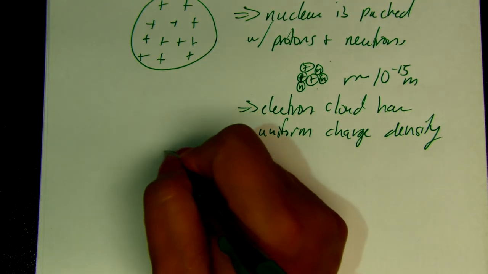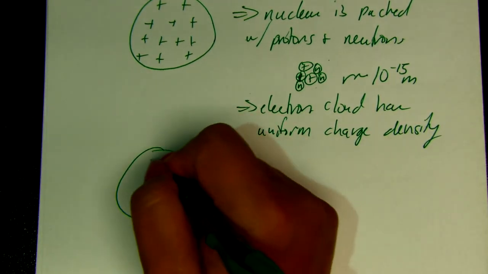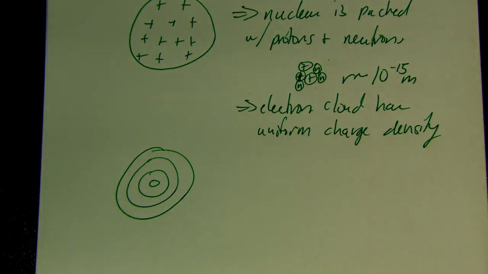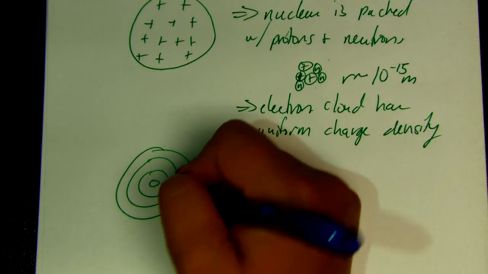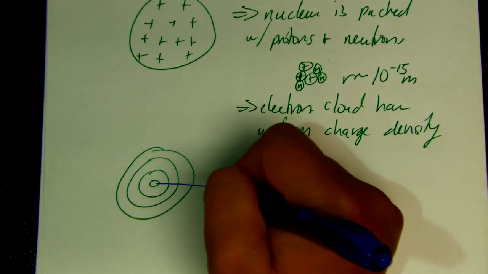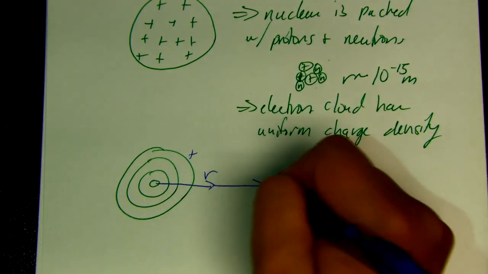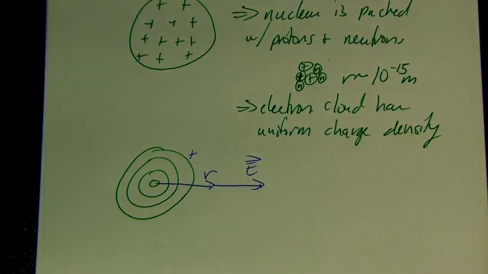Okay, so when you've got a shell of charge or a sphere of charge, you can model it like there's several charged spheres. Now, outside a shell of charge, it's pretty straightforward. So if we're someplace outside, positive maybe, then the electric field would be pointing out. It's going to act just like a point charge.